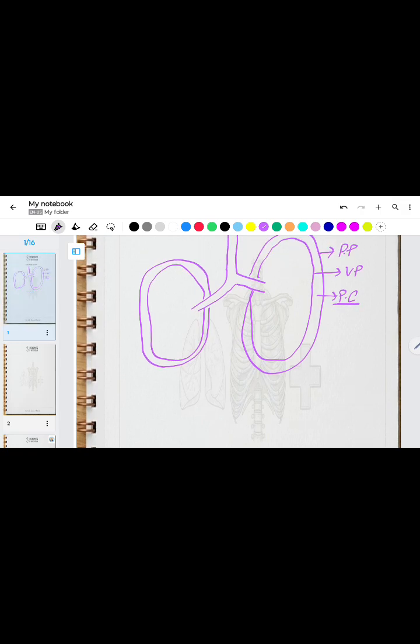So the pleural cavity has pleural fluid in it. Okay, so what is the volume of the pleural fluid? Normal volume of pleural fluid is equal to 0.1 to 0.2 ml per kg at any time.